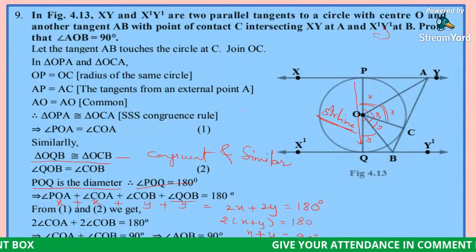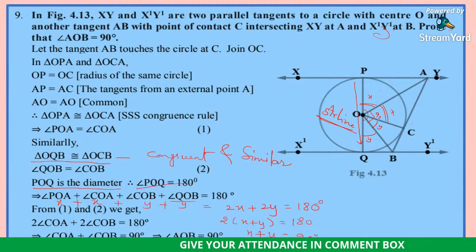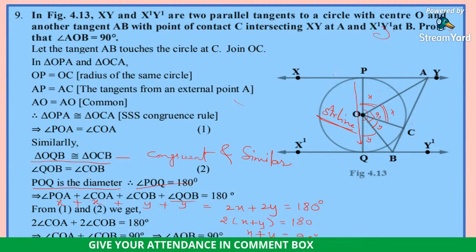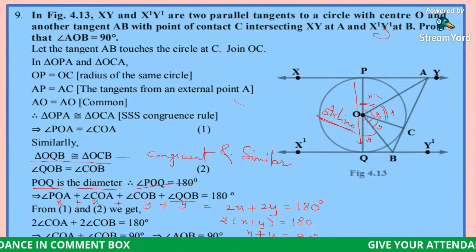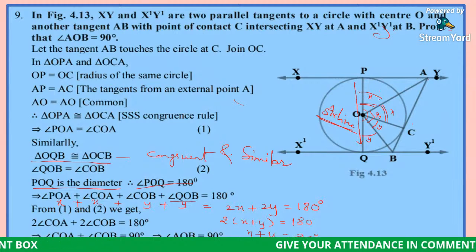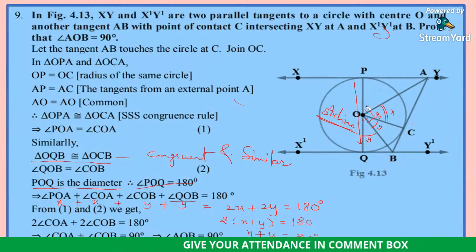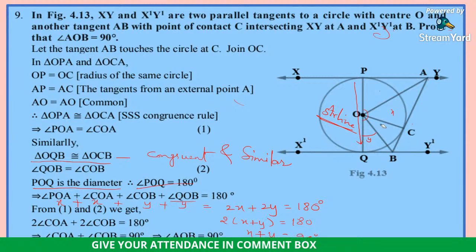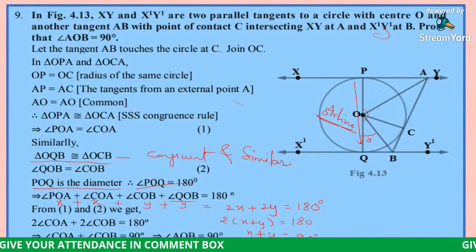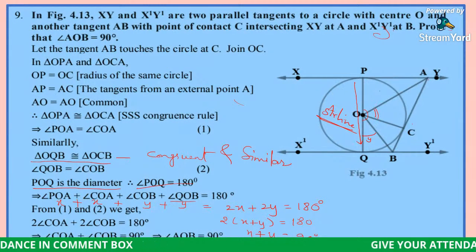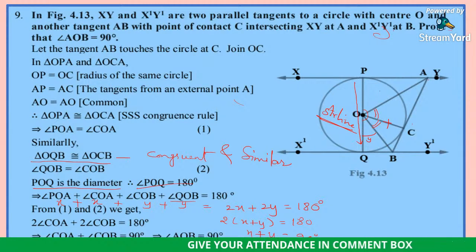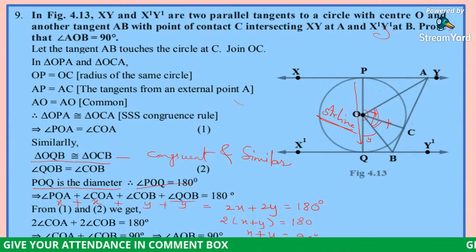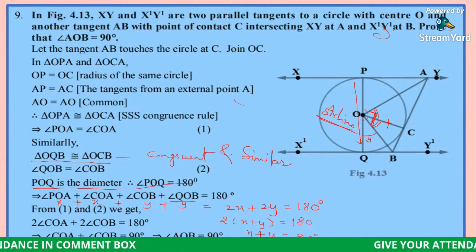And in the figure, if you observe your angles, POA, this angle, here it is. If I remove all these things, COA, right, plus COB, these two angles, if you add these two angles, you are going to get the angle AOB.